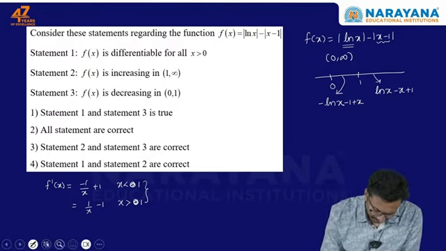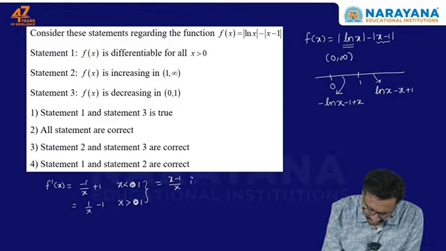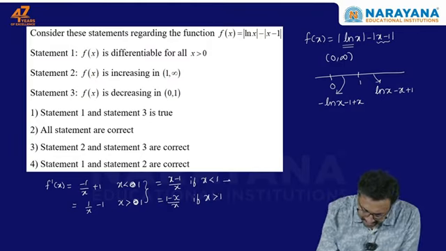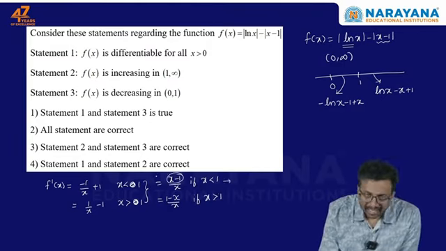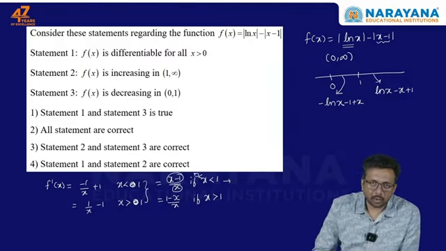So let us go forward. This is equal to x minus 1 by x if x is less than 1, and this is equal to 1 minus x by x if x is greater than 1. So clearly if x is less than 1, x minus 1 is negative and x is positive. So x less than 1 in the sense x is in between 0 to 1, right?